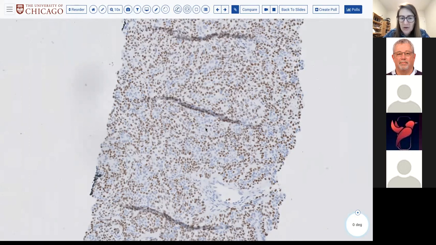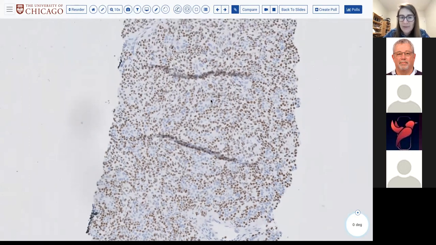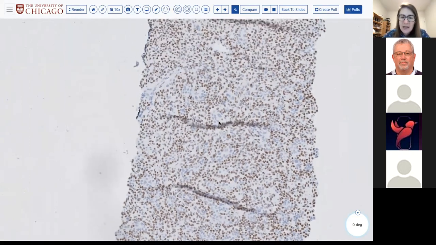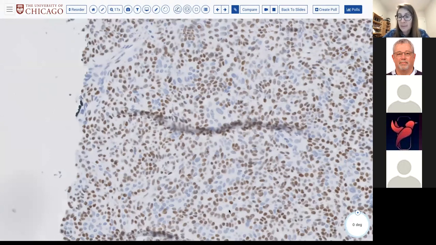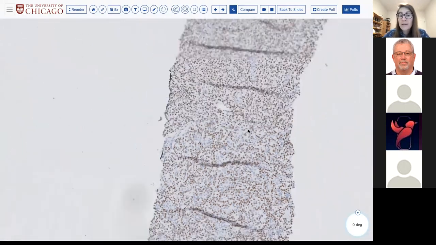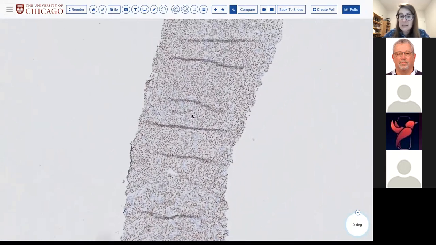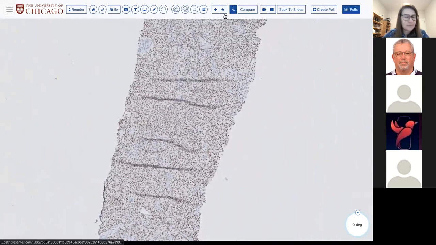You can see that there are certainly P40 positive myoepithelial or basal cells, and there is a negative population, a population of cells where the nuclei are not staining for P40, and a significant population where they are. So one is probably now in at least the category of a biphasic neoplasm.